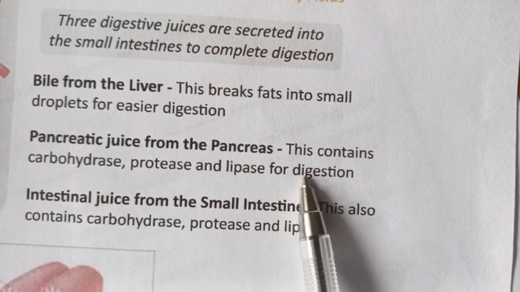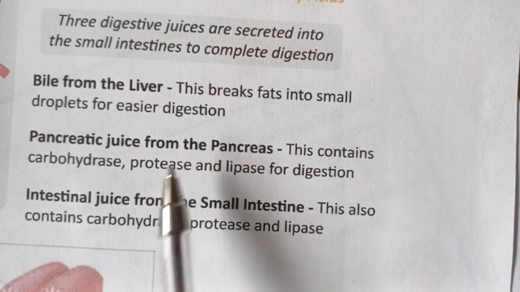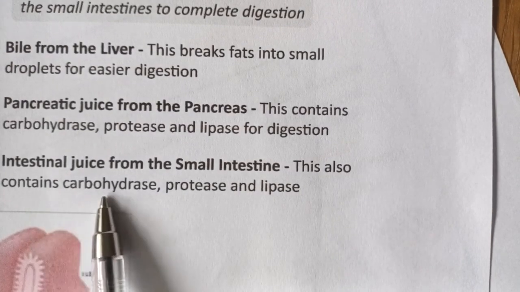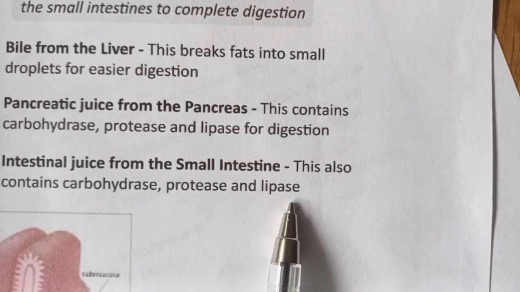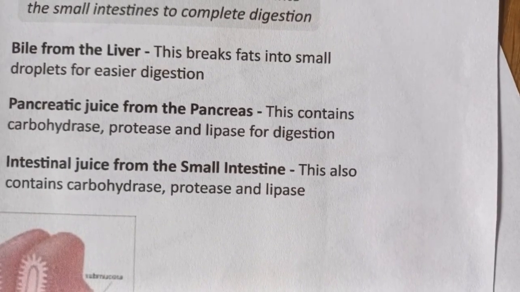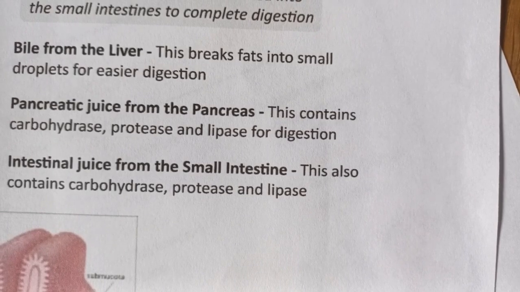These are enzymes from pancreatic juice. And then you have intestinal juice from the small intestine. This also contains carbohydrase, protease, and lipase. So it is very important in the digestion of all three major food components, that is proteins, carbohydrates, and fats.